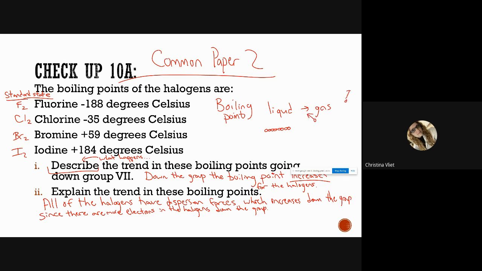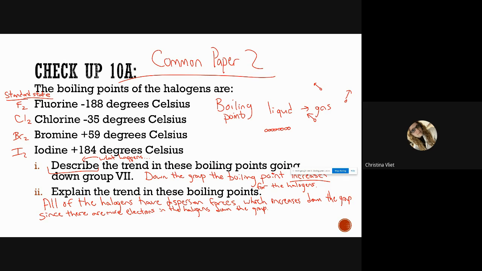So is it that the attraction is no longer there, or that it's not enough because of the heat? So if I have an increase in boiling point, what that means is it requires more energy to break apart the molecules from each other. Does that make sense? Higher boiling point means higher temperature necessary to break apart the molecules from each other.